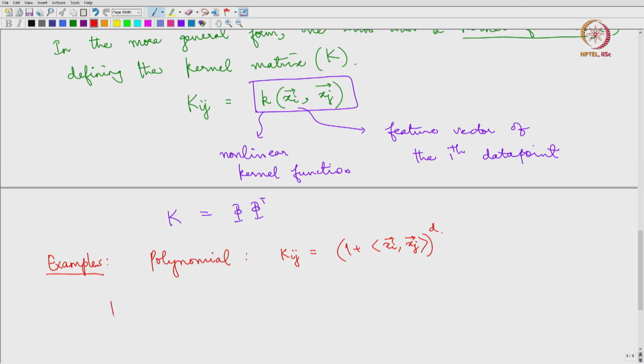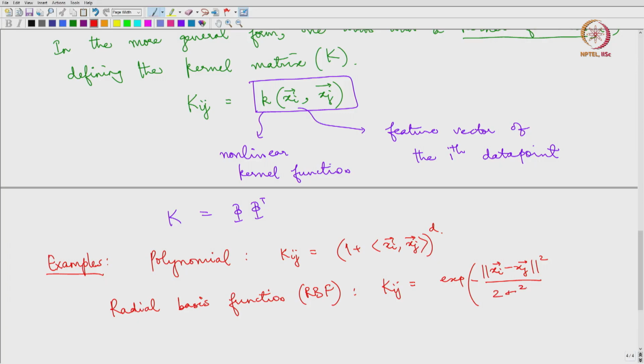And then you also had this RBF kernel, radial basis function kernel or the Gaussian kernel, and this kernel is Kij equals exponential of minus the norm squared of xi minus xj, so essentially the distance squared between xi and xj divided by 2 sigma squared, and there is, like I said, a minus sign before, right.